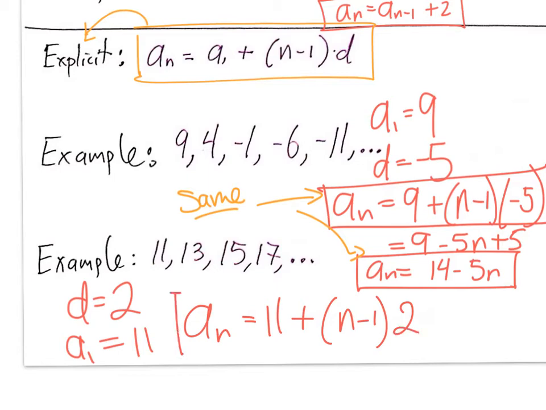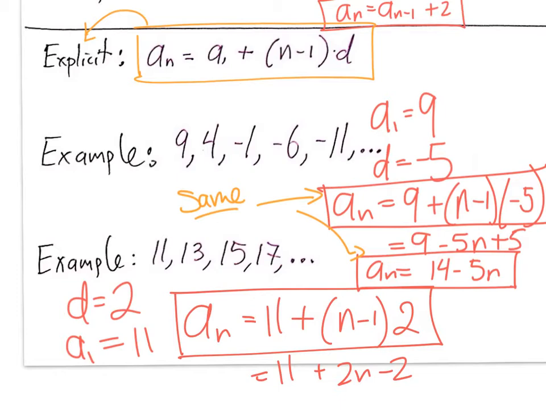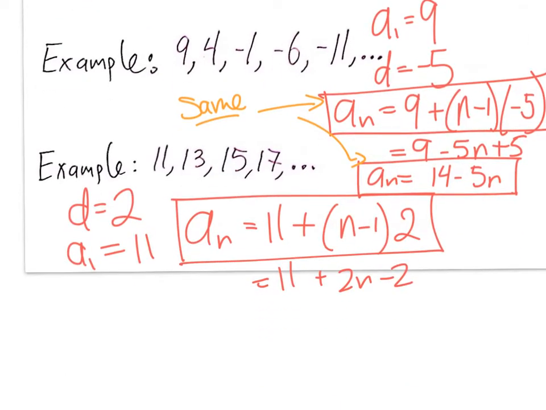So this is just fine. If we were to distribute, we'd get 11 plus 2n minus 2, so a sub n equals 9 plus 2n. Whoops, little pause there.